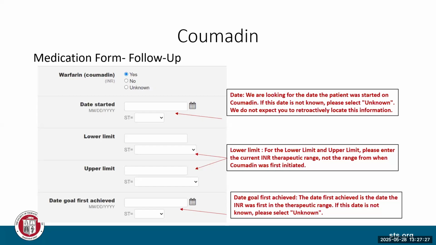So I would think that's what they're looking for. What was the lowest INR during this time frame, and what was the highest INR, to look at possibly how Coumadin is managed.